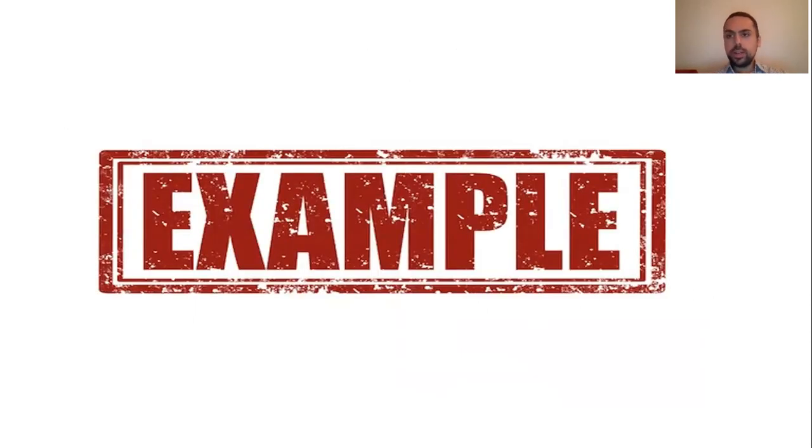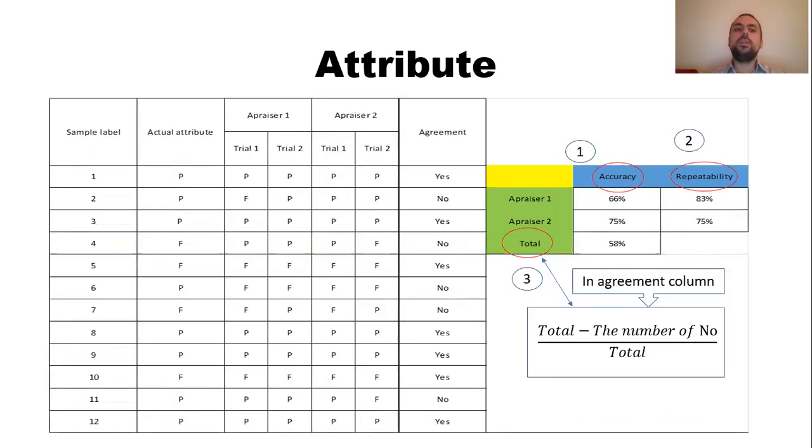Now we consider it with some examples. Please pay attention to the first example. We have 12 products and two appraisers are supposed to measure them, each of them 2 times.